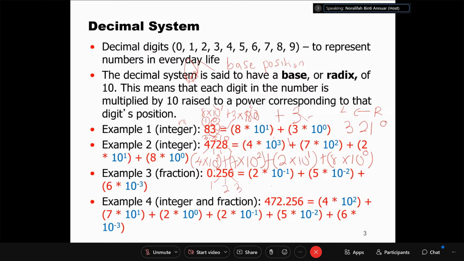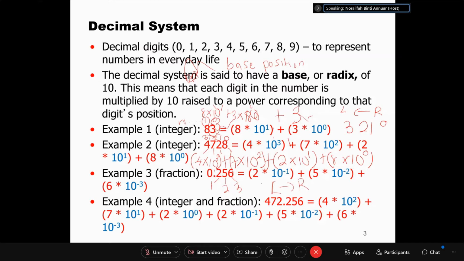Now your base position starts from left to right and starts with 1, not 0. Slightly different. Take note, write it down. Just now for the base position we started from right to left and the position started with 0. But for a fraction, you start from left to right, and the base position starts with number 1. And you have to divide, not multiply.